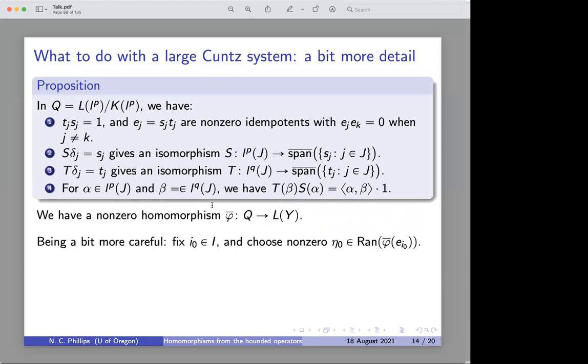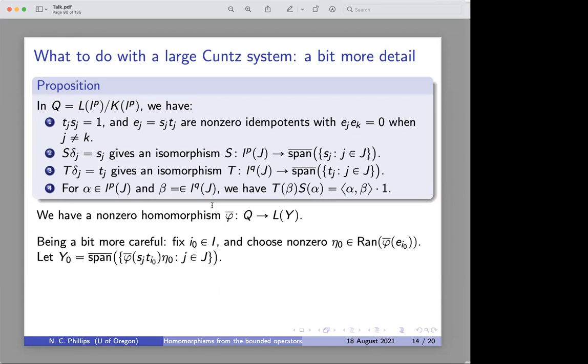Okay, so here's a little bit more detail there. I've put back the statement of the proposition. We have a non-zero homomorphism phi bar from Q to L of Y. So I'm going to now fix one of the indices. I'm going to choose a non-zero element in the range of phi bar of EI0, and for actually working with things you want to have norm 1.